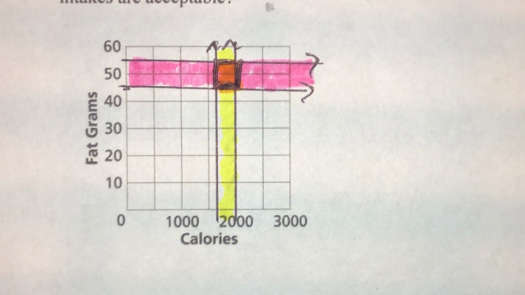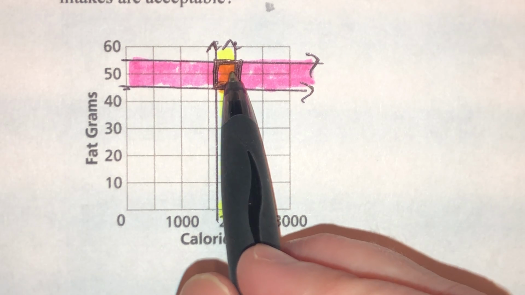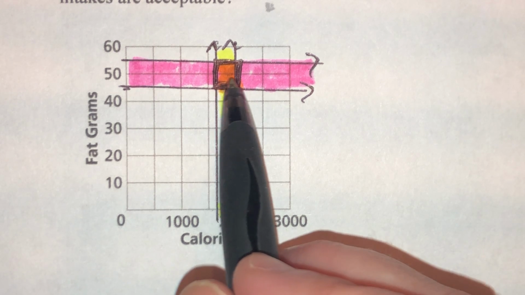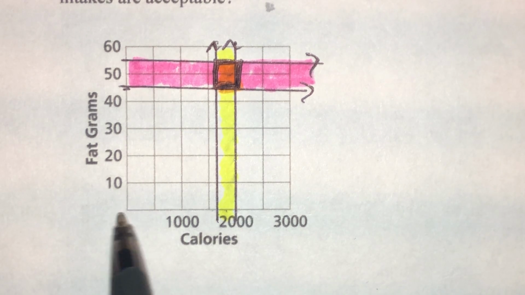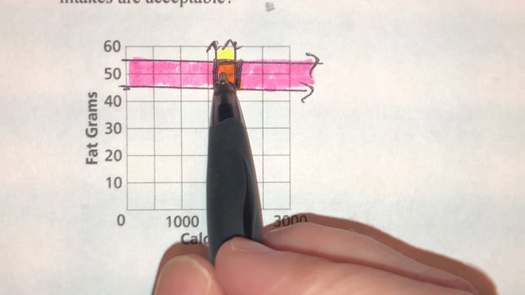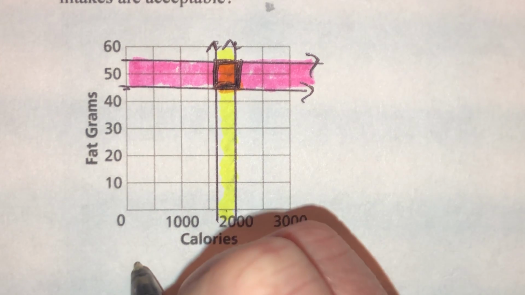Anything in here could be a solution, right? So we could say 1,800, and it's anywhere in here, and 50, right? He could have 1,800 calories in a day, and that could include 50 grams of fat.